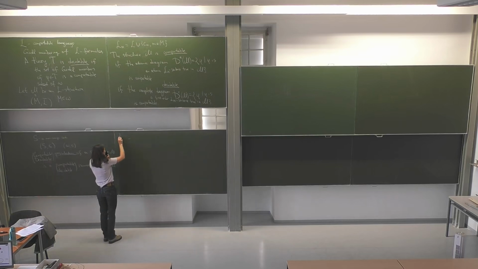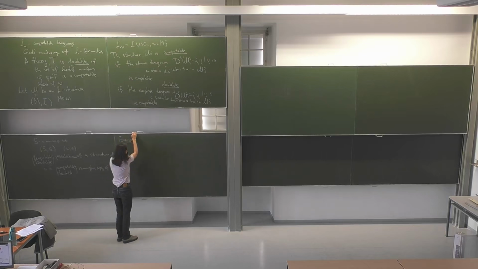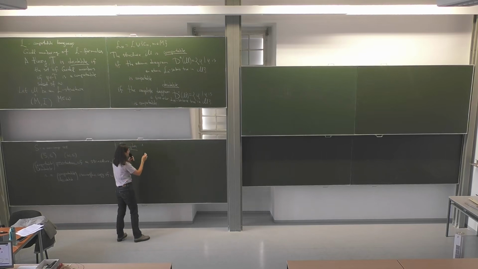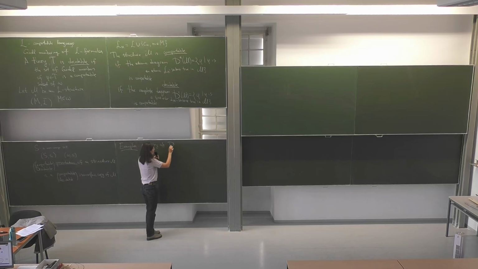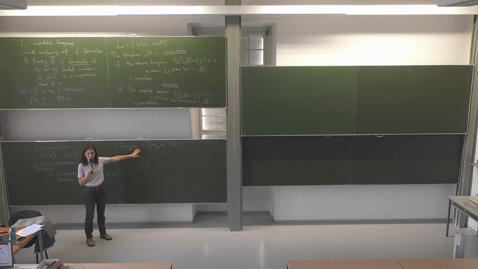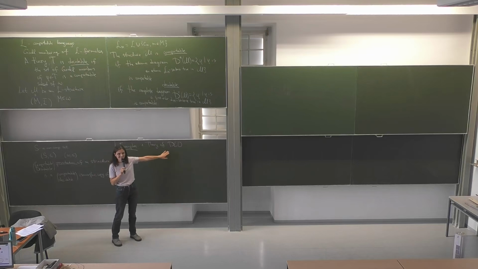Examples, the first one, the theory of dense linear orders. So the theory of the rationals.